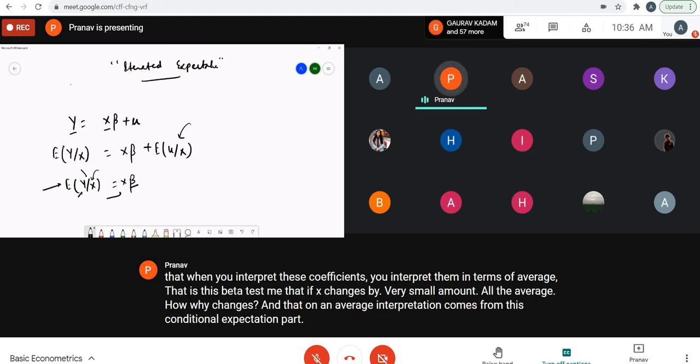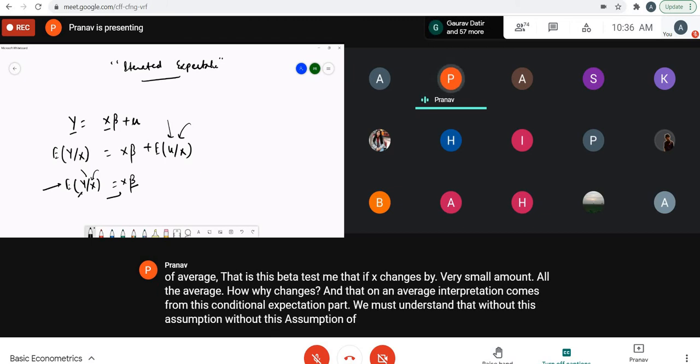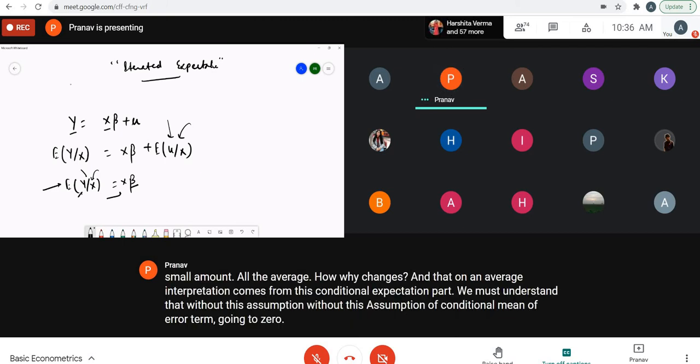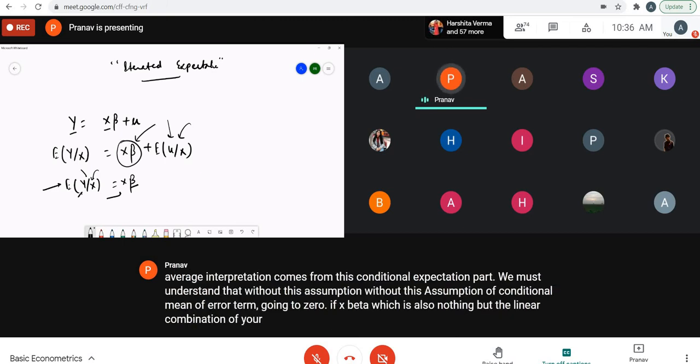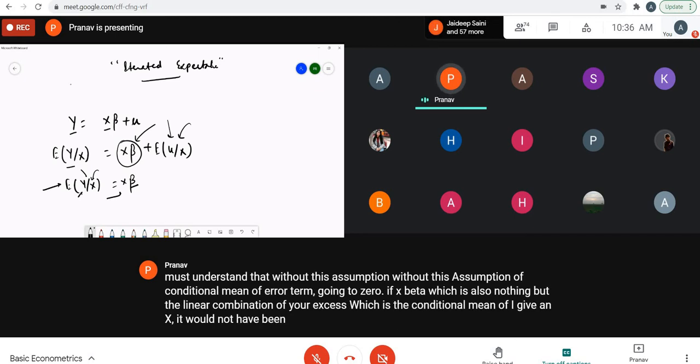We must understand that without this assumption of the conditional mean of the error term going to 0, this x beta, which is also nothing but the linear combination of your x's, which is the conditional mean of y given x, would not have been possible had this assumption been violated.